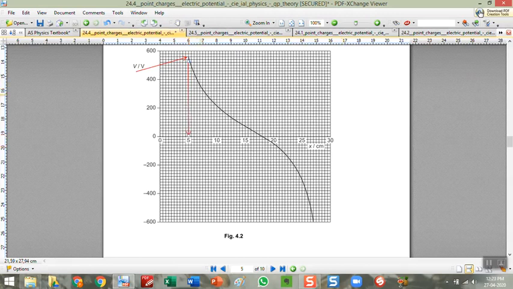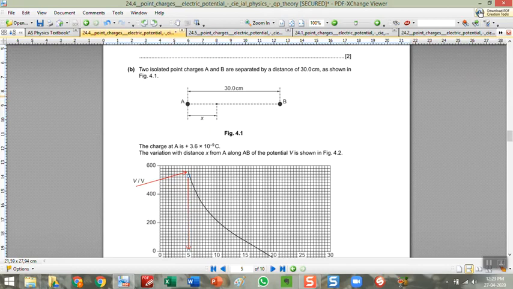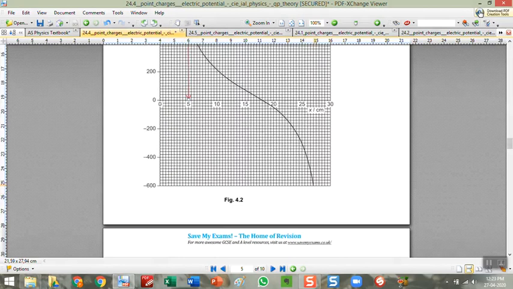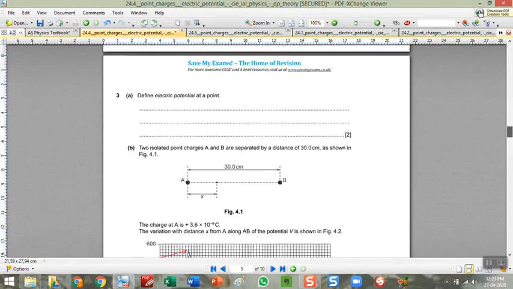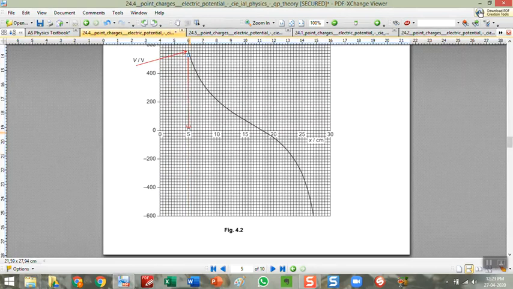We see that the slope is constantly negative, meaning there is no point between these two charges where the field is going to be 0. Hence they will have opposite charges. So if this one is positive, that one would be negative. And we can also see here, if it's 30 centimeters, that this one has a radius of 5 and this one has a radius of 3.